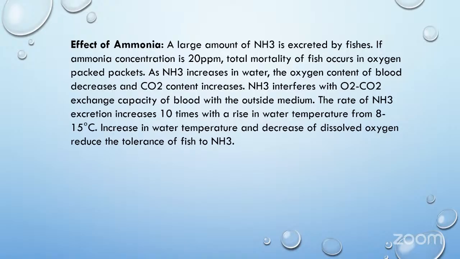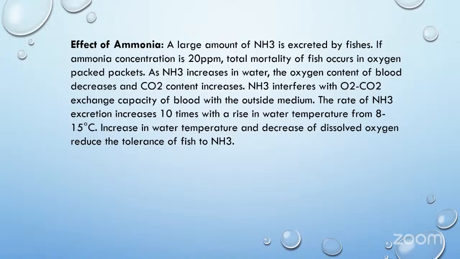Now, what is the effect of ammonia? A large amount of NH3 is excreted by fishes. If ammonia concentration is 220 ppm, total mortality of fish occurs in oxygen-packed packets. As NH3 increases in water, the oxygen content of blood decreases and CO2 content increases.